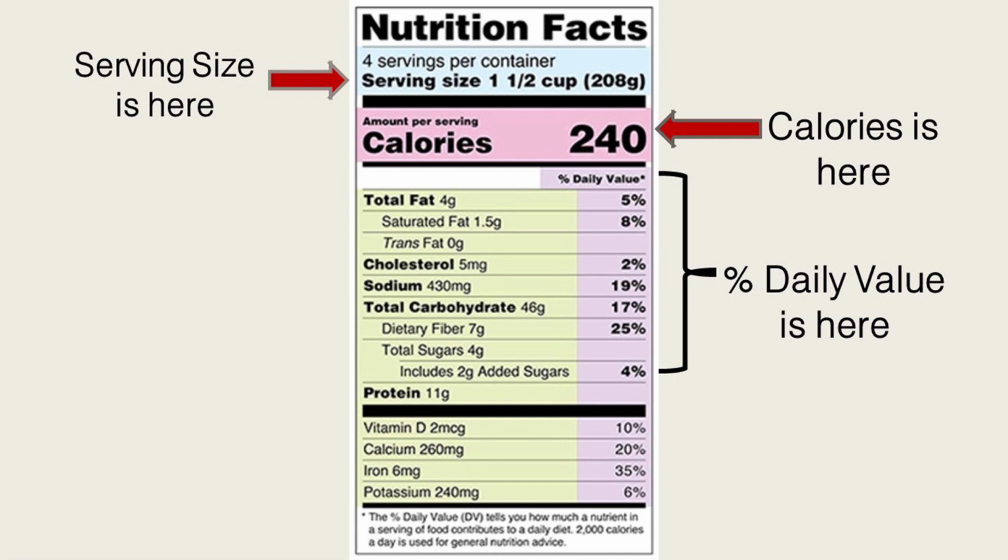Step 2. Look at the calories. The number of calories is based on the serving size. If you have more than the serving size, your intake of calories will be higher than what is listed on the label. Your intake will naturally be lower if you eat less. Step 3.